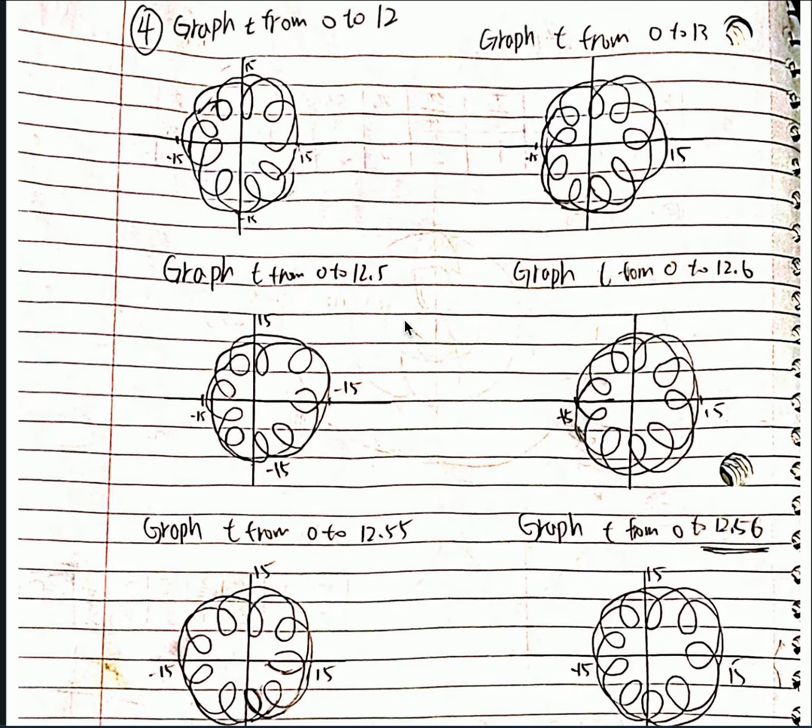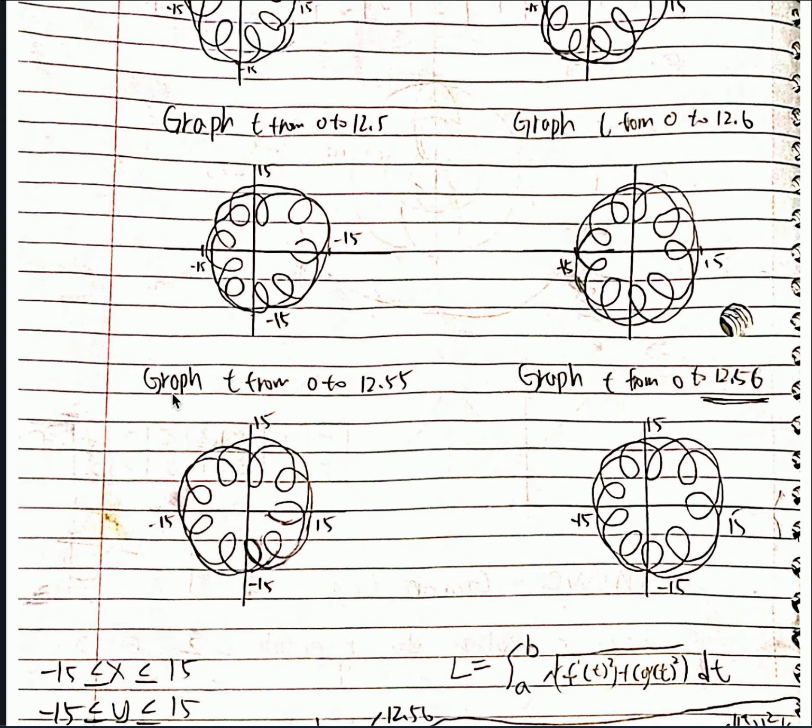So I graph the values closer together. We can see t from 0 to 12 is not complete, and t from 0 to 13 is complete. Then t from 0 to 12.5 is not complete, and t from 0 to 12.6 is complete.